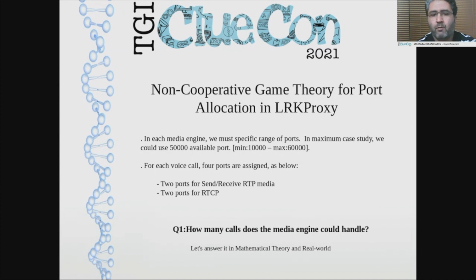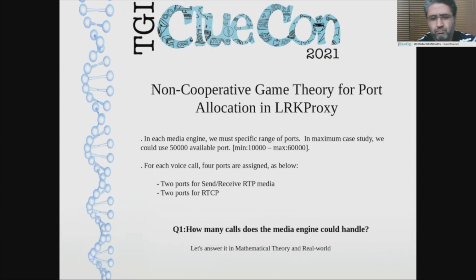For each voice call, 4 ports are assigned: 2 ports for sending and receiving RTP packets between the LRK Proxy or media server and the user equipment, and 2 ports reserved for the real-time control protocol and controlling protocols.